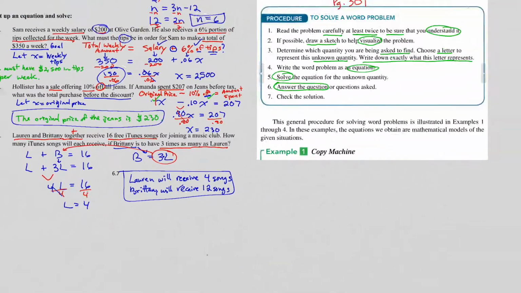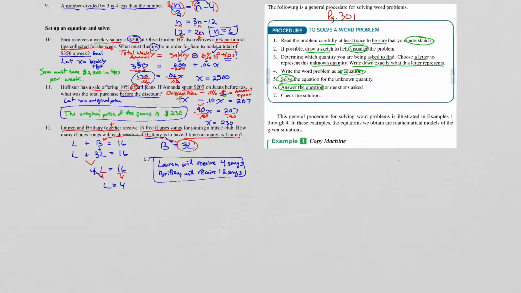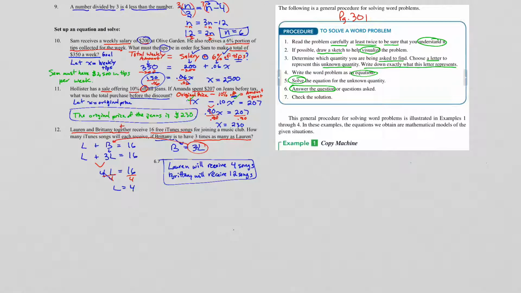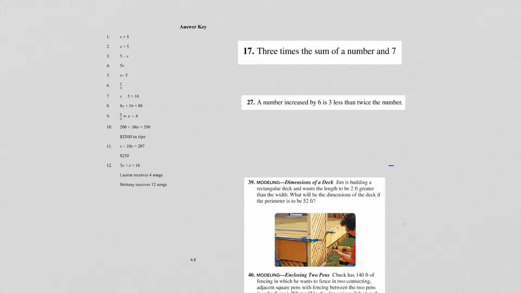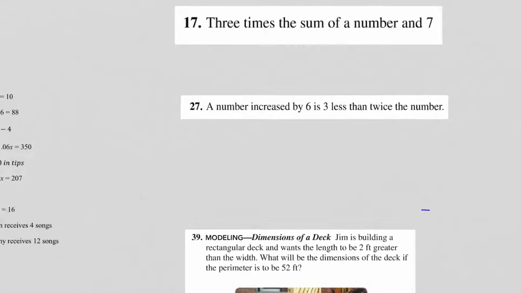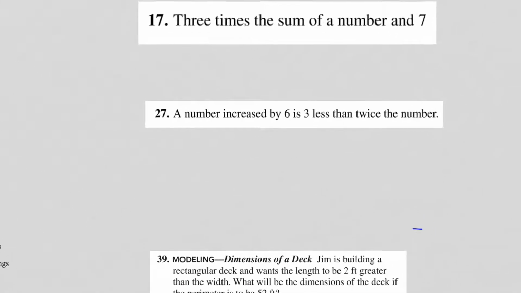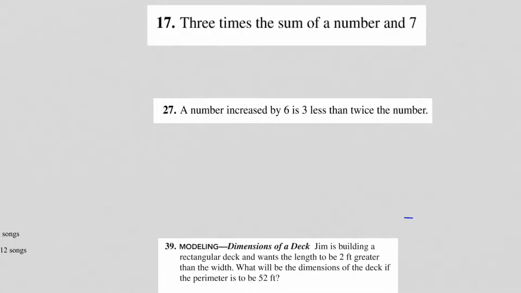So I want to do a few problems from the textbook that's in your homework. And I would like to do 17. So we're going to translate this. 3 times, well, 3 times what?